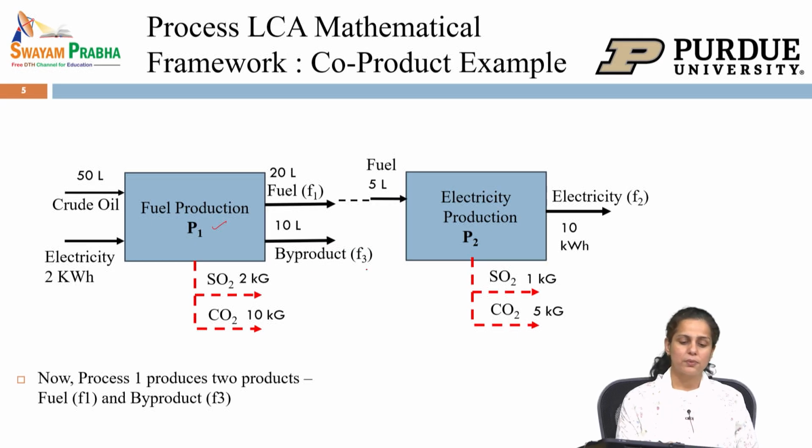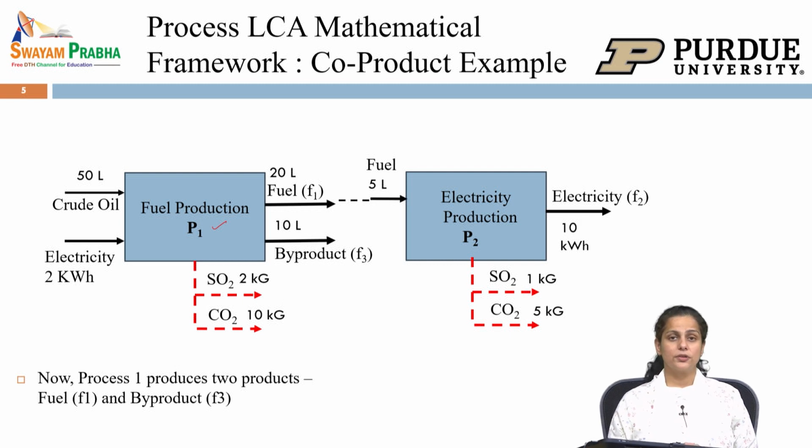Of course, if this byproduct is a complete waste and does not have an economic value, then we can say that all the impact is for the fuel production itself. But if the byproduct has an economic value and it gets utilized, then we should not be assigning all the impact of process 1 to the fuel.